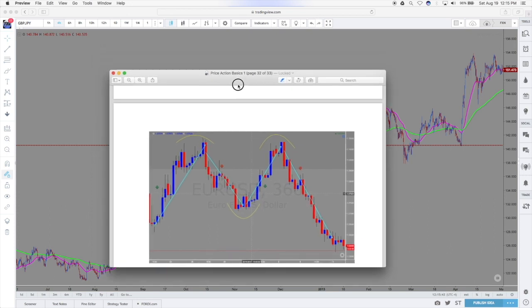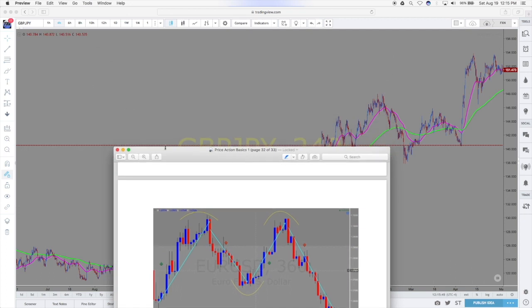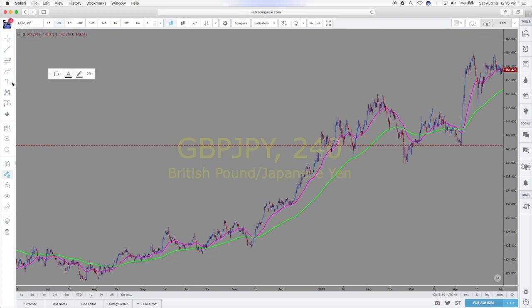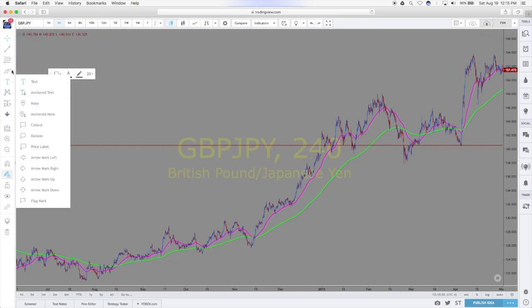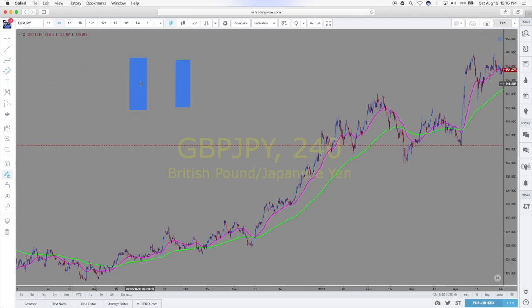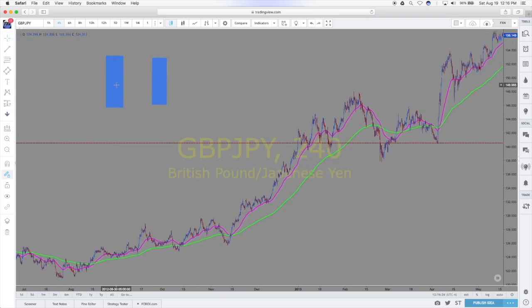If you see something like this, I'm just going to draw it out here so you can visually see it. Let's just say, for example purposes, that this here is one candle of the double top, and this is the other candle.